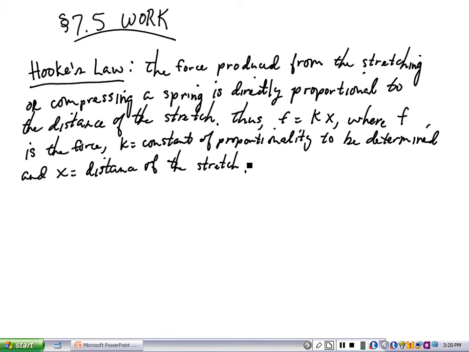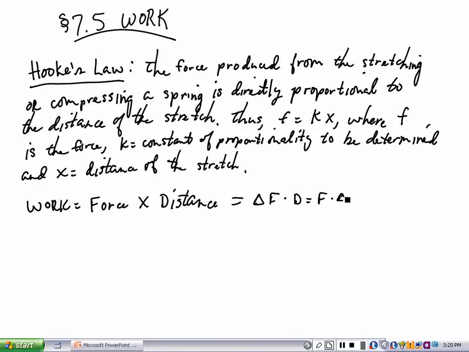Now we define work. Work is simply the force that is required to move an object some distance that we call d. We can look at this work as the change of the force times the distance, or the force times the change in the distance.